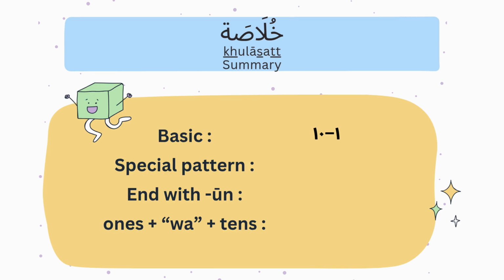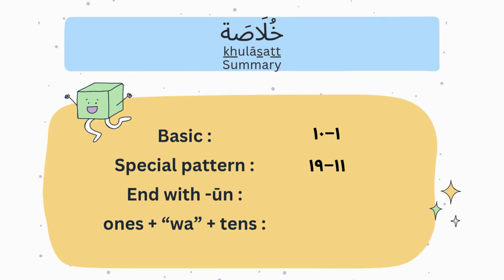You must memorize these numbers as they form the roots of every higher number. For 11 to 19, we follow a special pattern. They combine a unit like 3 or thalatha with a 10 or ashar to become thalatha ashar.